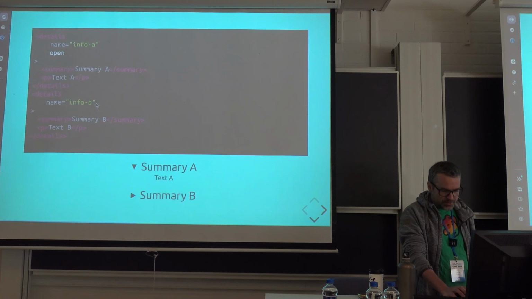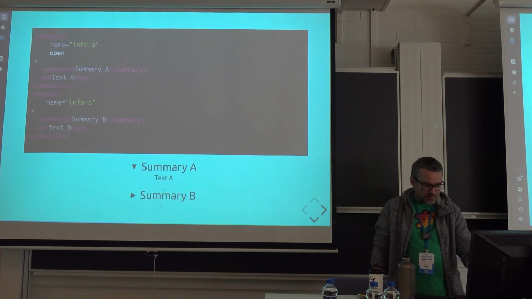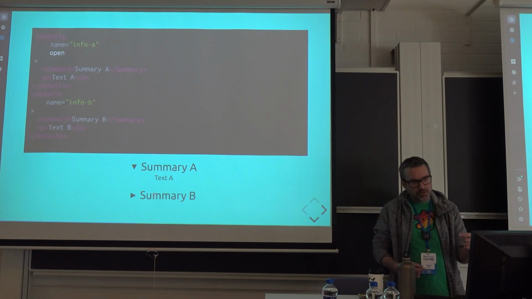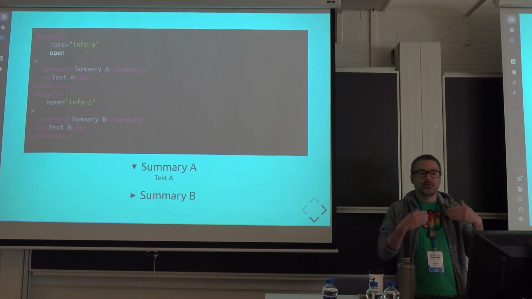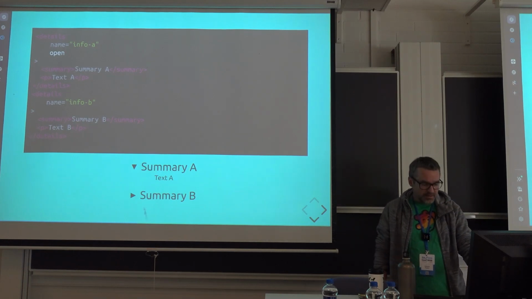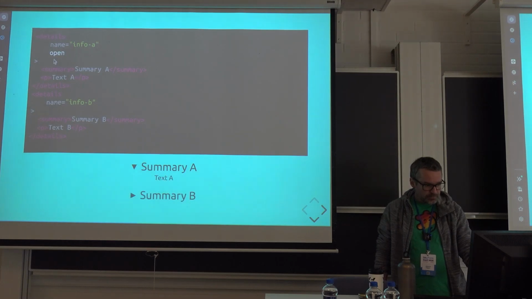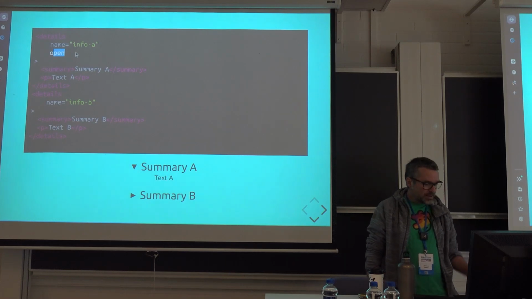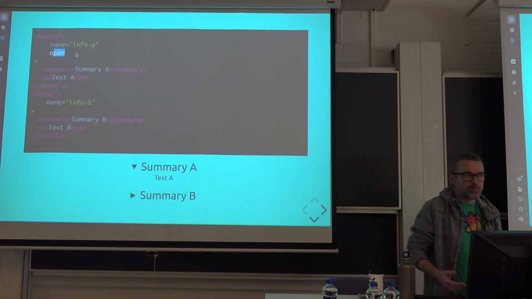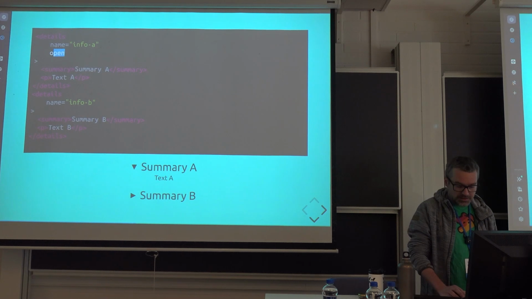For the feature I will show you now, you can connect multiple details elements if you give them the same name, and then if you click on one, the other one collapses again. And also, if you give one of those elements the open attribute, it will just be rendered open initially.